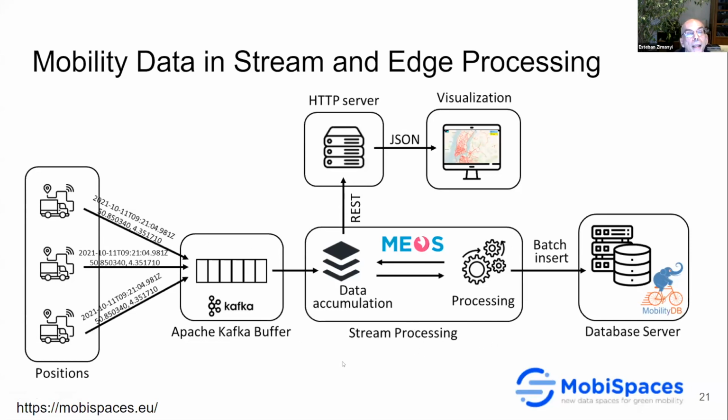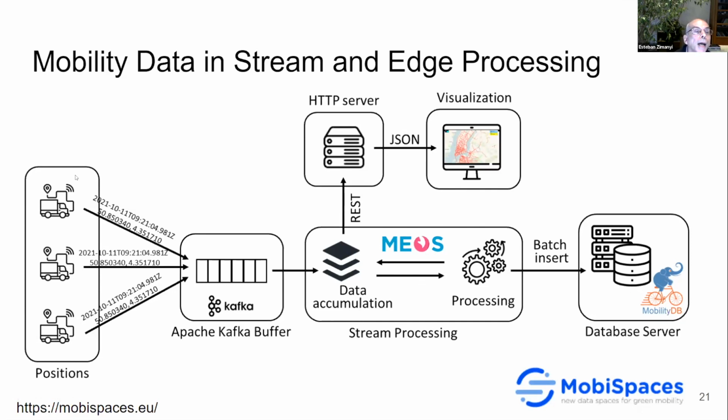So basically, all the ships need to cooperate among each other in an ad hoc network. Therefore, exactly the same architecture is in each ship. You have all this architecture in a Raspberry Pi. We are able to put both MEOS and MobilityDB on a Raspberry Pi.